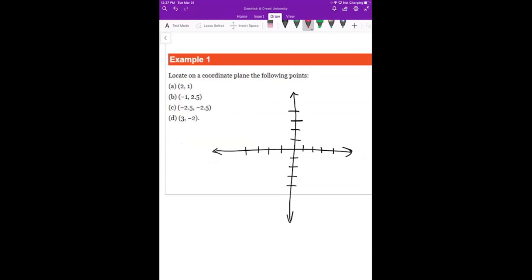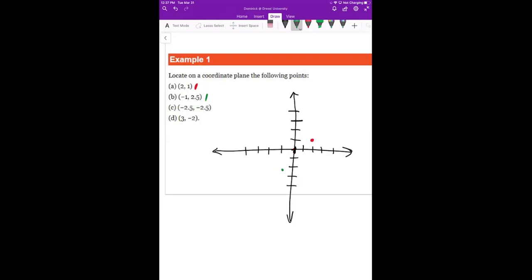For this first one, which I'll do in red, (2, 1), I'm going to start at the origin, move 2 points to the right, and move 1 unit up. So that's my first point here. Let me get rid of that. The next point, which I'll do in green, is (-1, -2.5), so from the origin I'm moving left this time, and then I need to go down 2.5 units, so I'm going to be somewhere right about there.